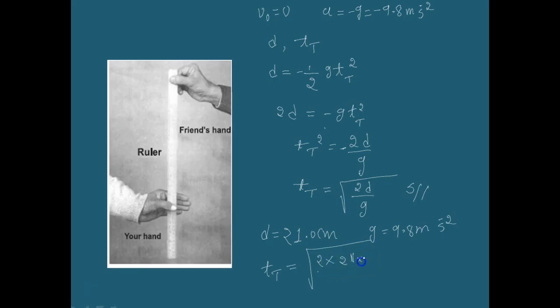We should convert it into meters. So it is 10 raised to minus 2, and g is 9.8. It is given by 0.2 seconds. So it is called reaction time, which is taken by a person in this particular case to observe, think, and act.